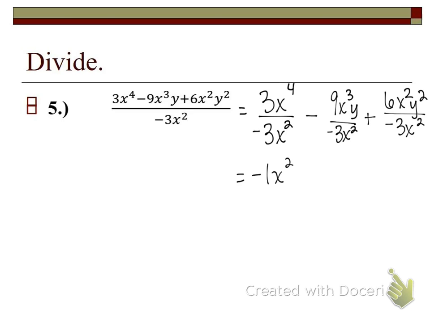So they won't cancel out? The 3's do, but a positive divided by a negative is a negative. So we do either need to put just a negative sign, or you can put a negative 1. If you would rather just write it as negative x squared instead of negative 1x squared, that's the same thing. They don't completely cancel out unless they're exactly the same.